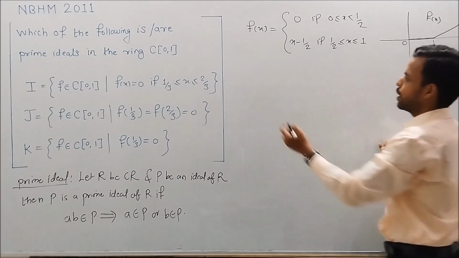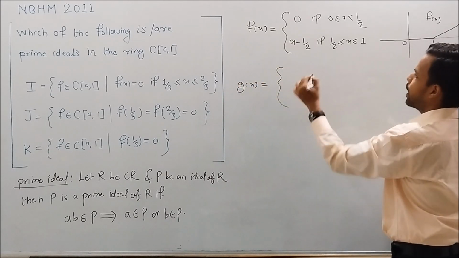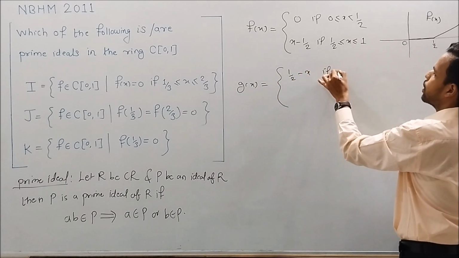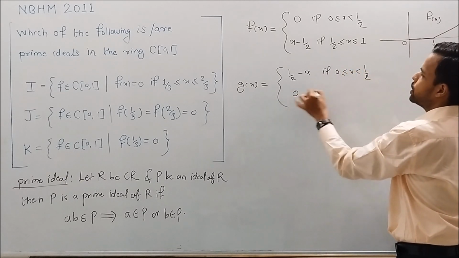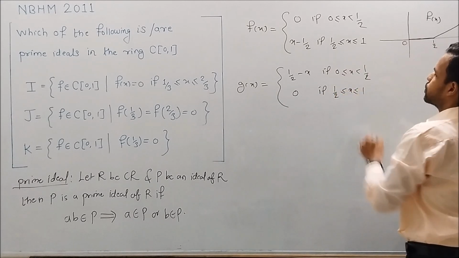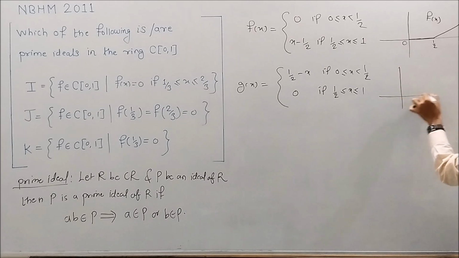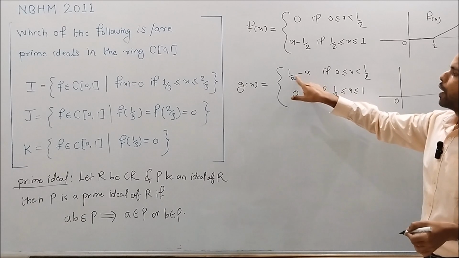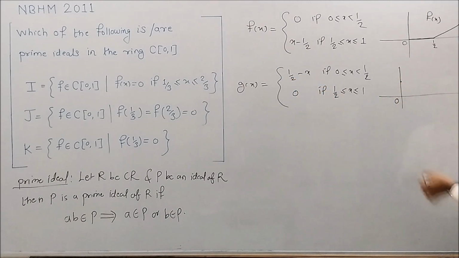Now let's define another function g(x). We define g(x) as 1/2 − x if 0 ≤ x < 1/2, and 0 if 1/2 ≤ x ≤ 1. Now let's draw its graph. At x = 0 it takes the value 1/2.